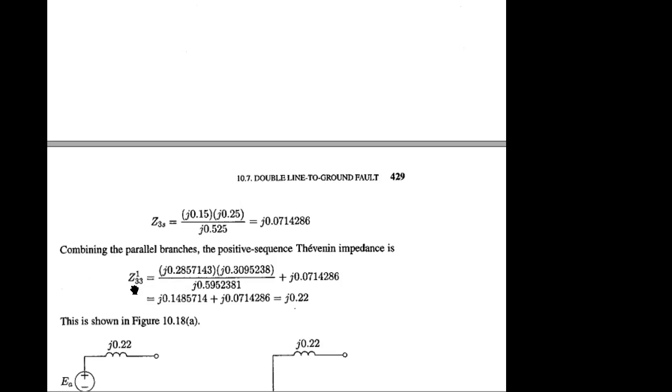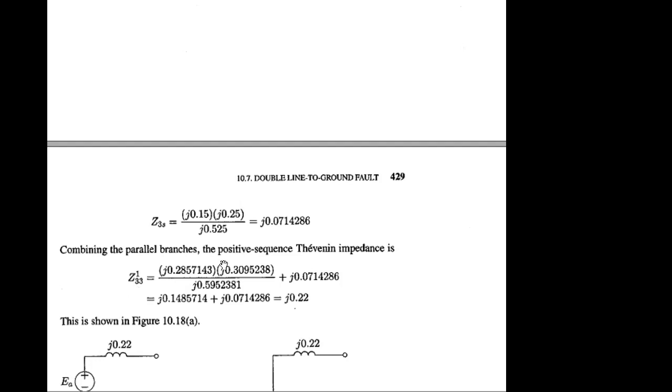Sir, how does it get those values? Which one? Z331, these values. Yes, Z331 is generated based on the parallel configuration. Z331 is the equivalent impedance in terms of bus 3, the Thevenin impedance across the terminal bus 3.